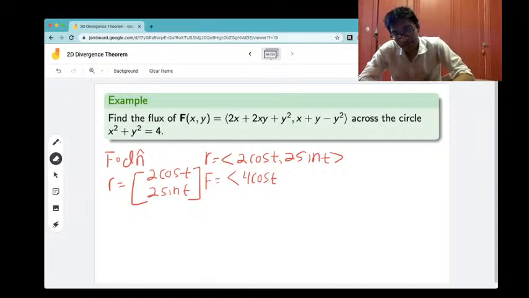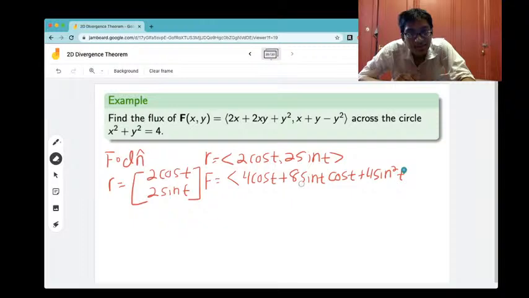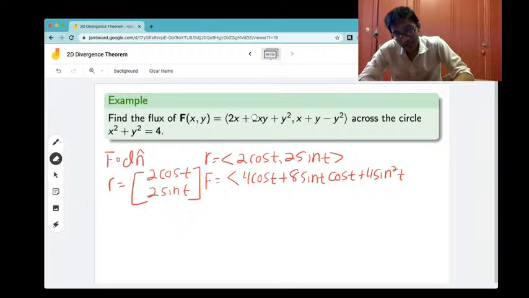So I'll have plus 8 sine t cosine of t plus y squared. So I'll have plus 4 sine squared t. Let me just make sure I got this right because this one is tricky. So x times y is going to be 4 sine t cosine t times 2 is 8 sine t cosine t. That looks and sounds great.